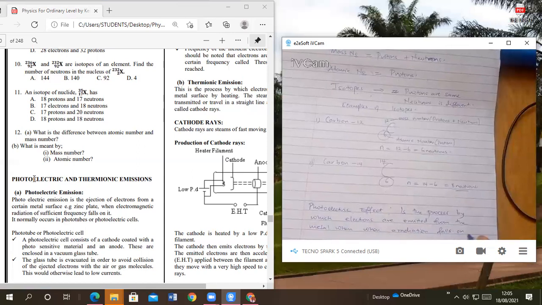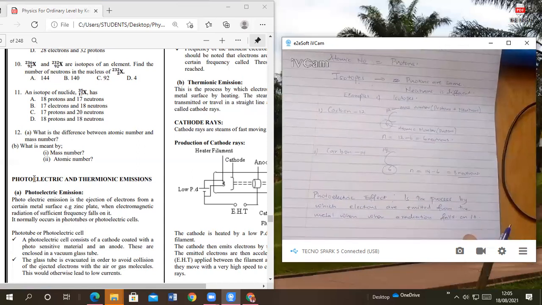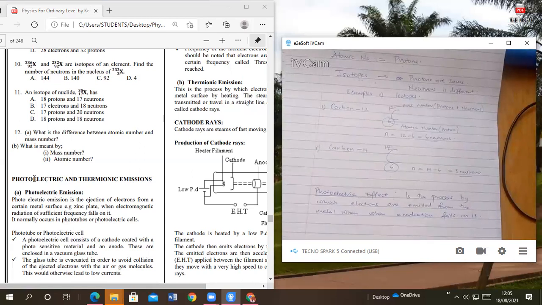So there is a radiation, like light, falling on a metal surface, and that metal surface emits electrons.